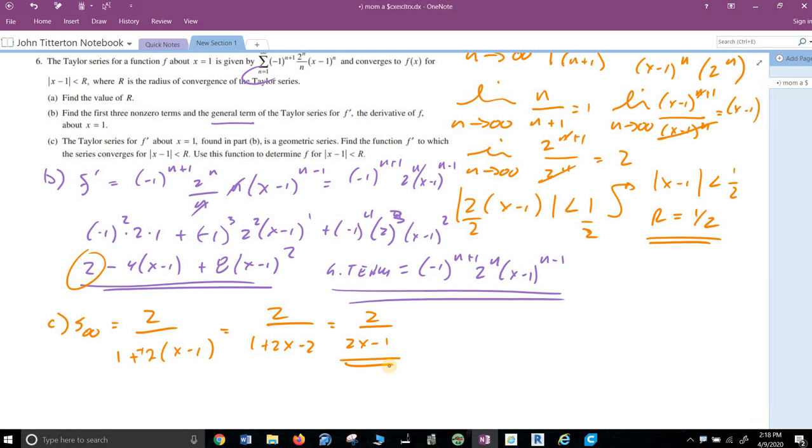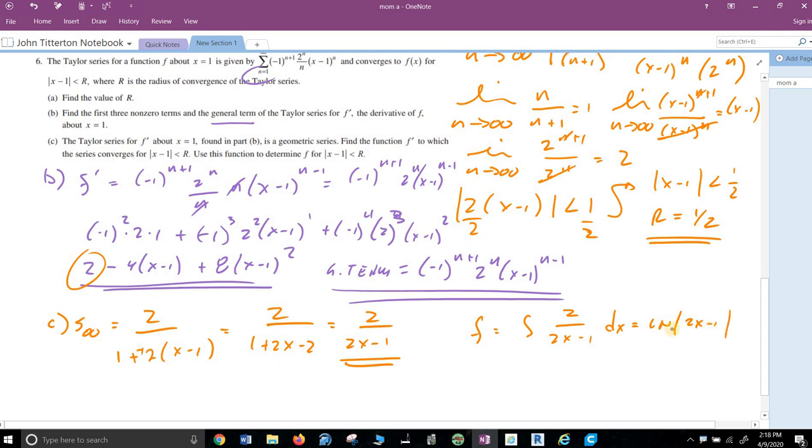Find the function f prime, and then use this to determine what f is. Well, f is the integral of that, so f equals the integral of 2 over 2x minus 1 dx, which is ln of absolute value 2x minus 1.